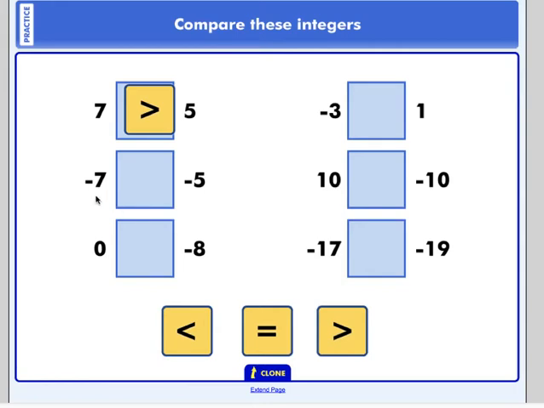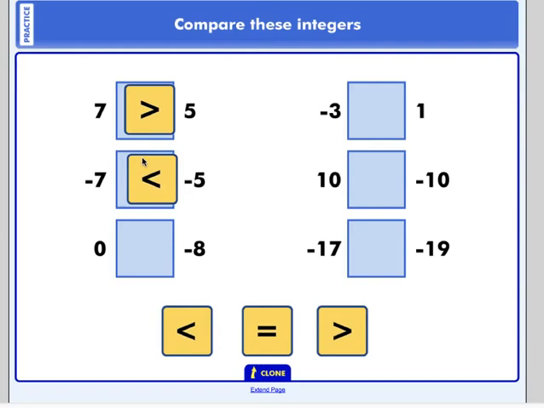Right, -7 is farther left on a number line, because if you're at 0 and you go to the left, -1, -2, -3, -4, -5, -6, -7, the numbers kind of work opposite of how they do to the right of the number line. So -7 is less than -5. Kind of basically it means you're deeper in the hole.